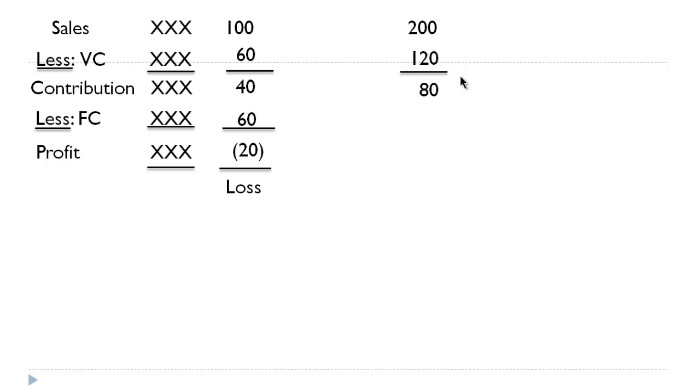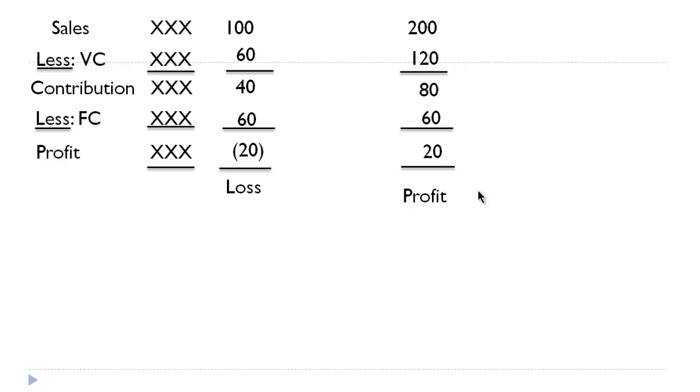No, it will not. That's why it is called fixed, and the cost which moves along with sales is called variable cost. Here 60 has moved along with sales, so 60 has become 120, whereas fixed cost will remain fixed even if the sales level goes up. So the fixed cost will remain at 60. Now there is a profit of how much? 80 minus 60, a profit of 20.